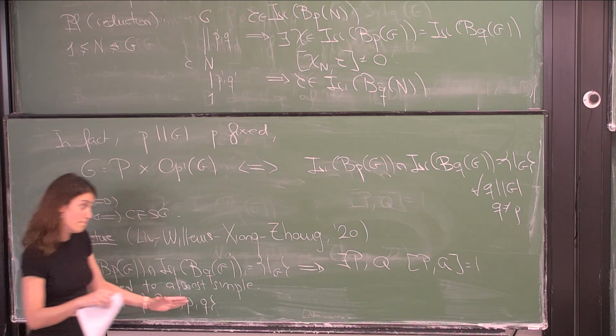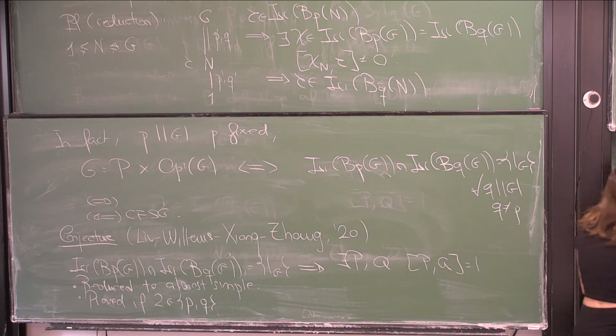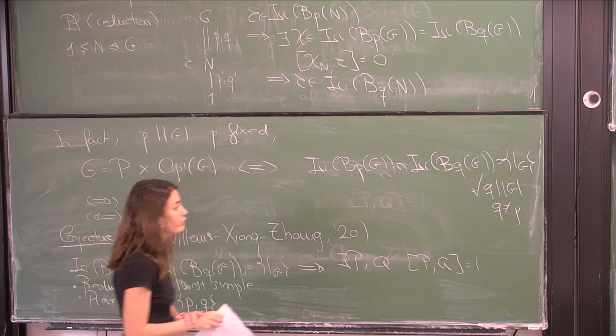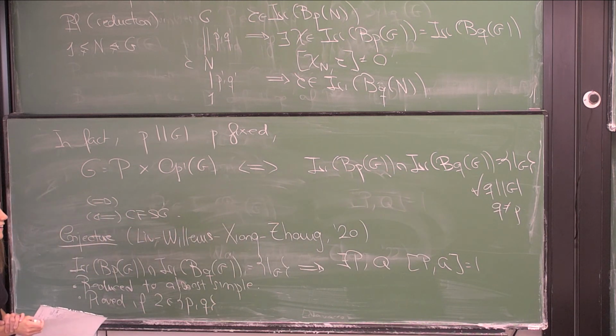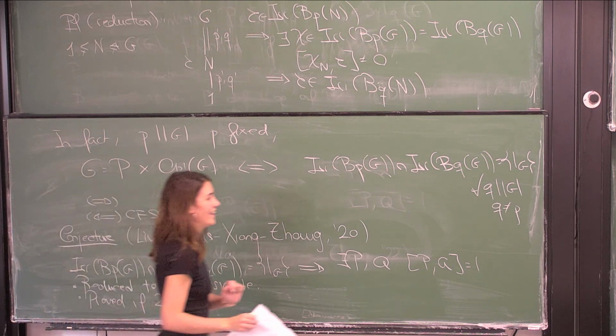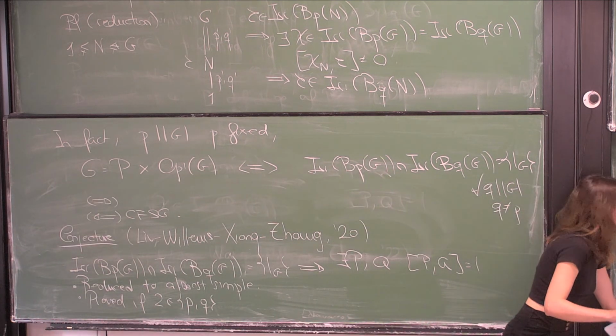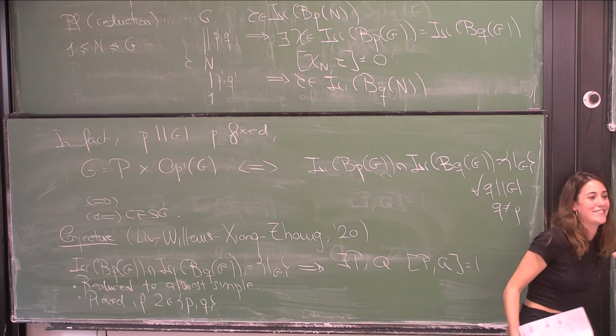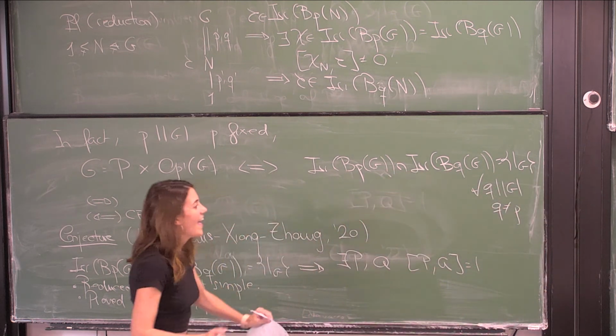We achieve the same: we also reduce it to almost simple groups and prove it when one of the primes is 2. And I learned today in the coffee break that one of the students here is actually working on this conjecture in the other cases, so I'm very happy about it.